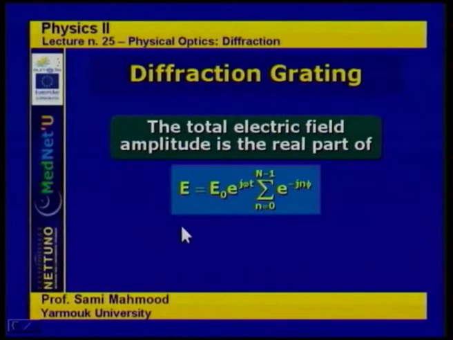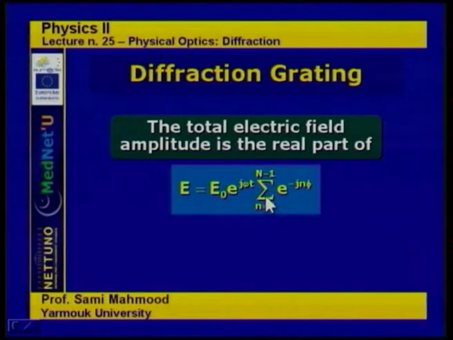And here the electric field is simply equal to E naught times e to the j omega t times the summation, because we have all of these electric fields emerging from the different slits.